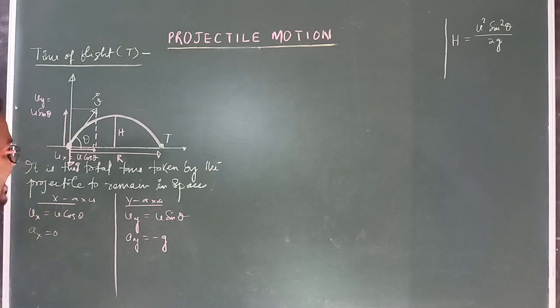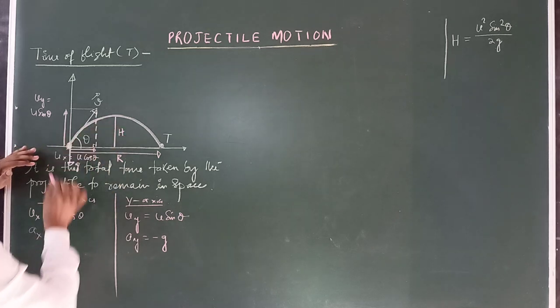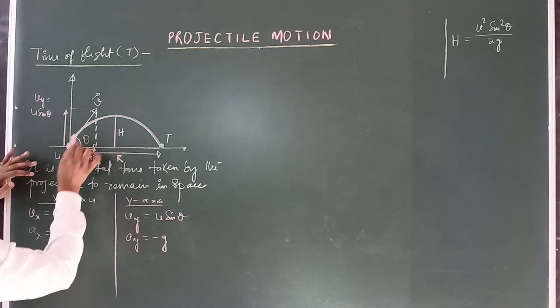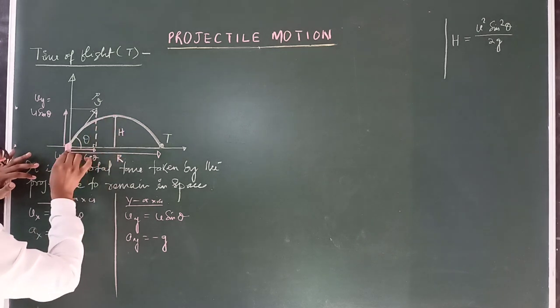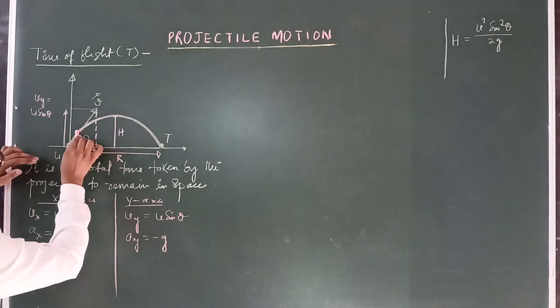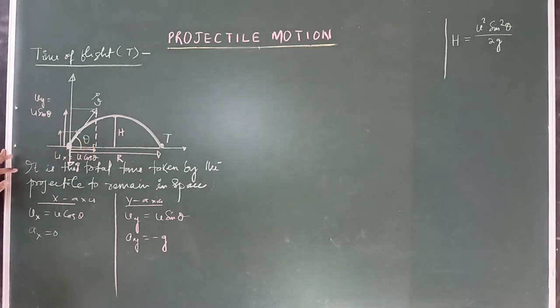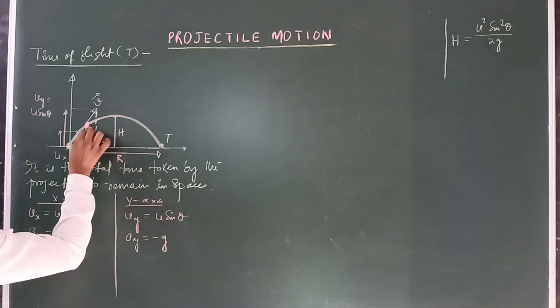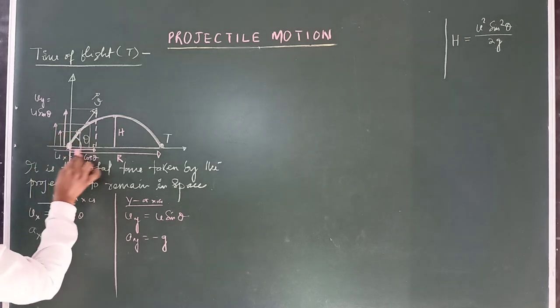So for the total time taken, look at this diagram, because while the particle is moving in this direction, the component of the maximum height, or height along the y-axis. When the particle is at this point, the height will be this much along the y-axis and this much along the x-axis. When the particle reaches this point, again this is y along the y-axis and this is x along the x-axis.